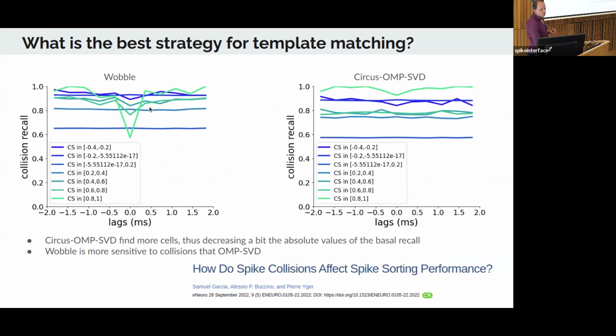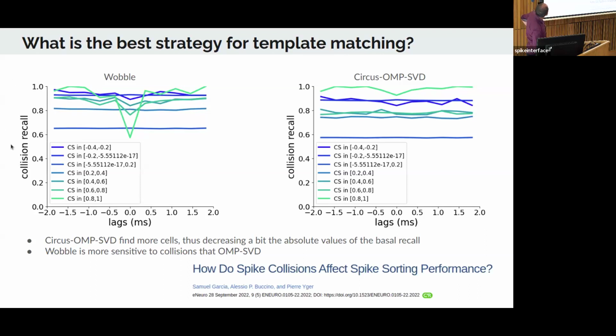So those graphs are a bit complicated to explain, but I will go through them simply. If you think about template deconvolution, it's harder for the sorters to disambiguate spikes when they are synchronous, so at the same time, but also when the templates are similar. So those are the two ways for the task to be difficult.